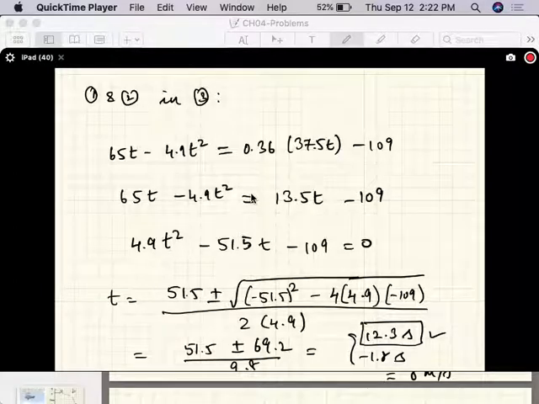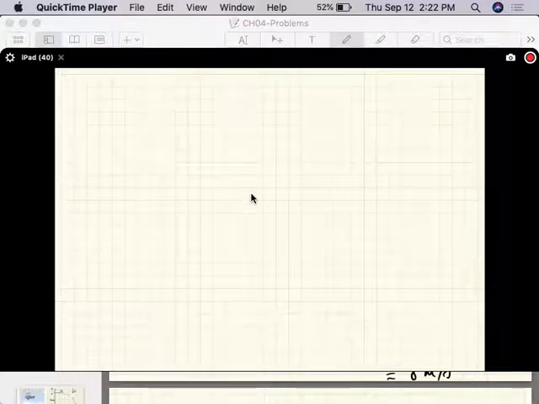So it hits the hill 12.3 seconds later, and then we have to solve for x and y.